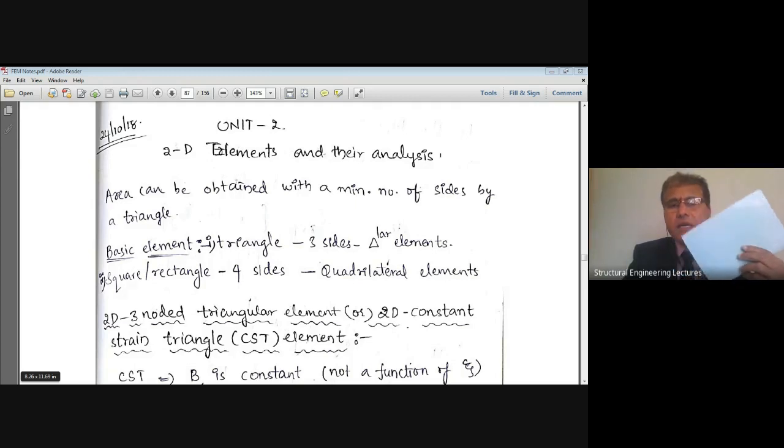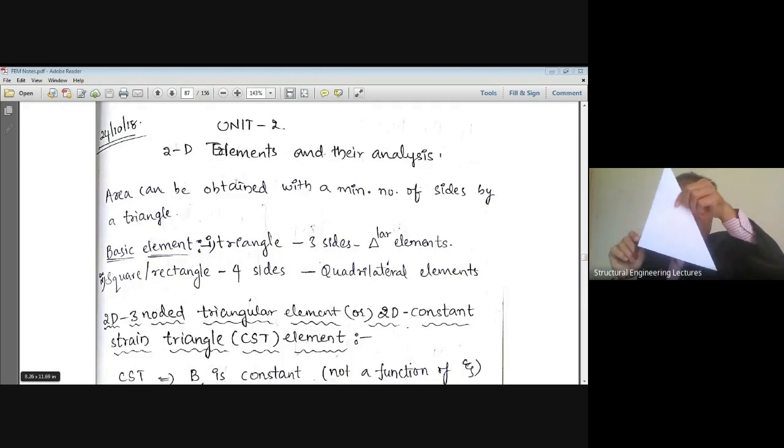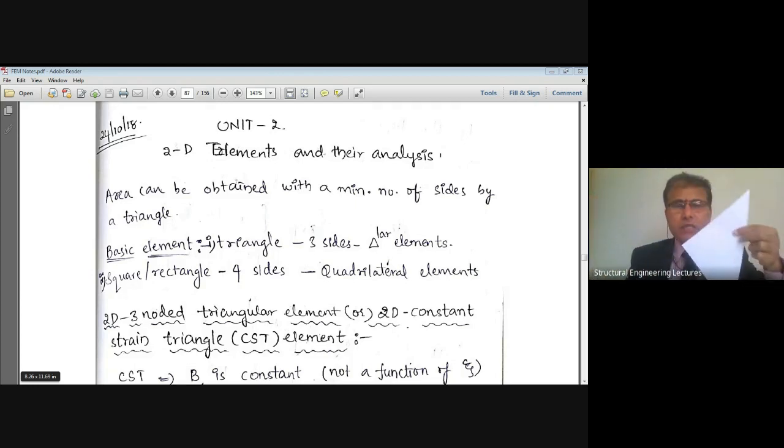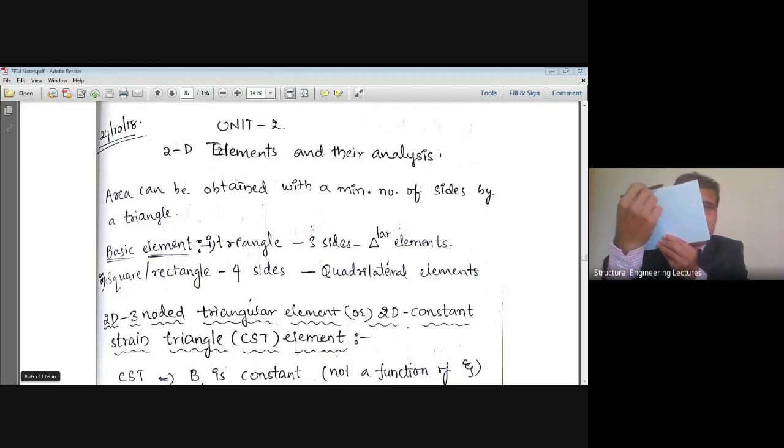However, the basic 2D element is a shape with a bare minimum of three sides, right? This is a triangle. It has only three sides, three corners, three nodes. The other basic shape is a rectangle, with four sides and four corners.